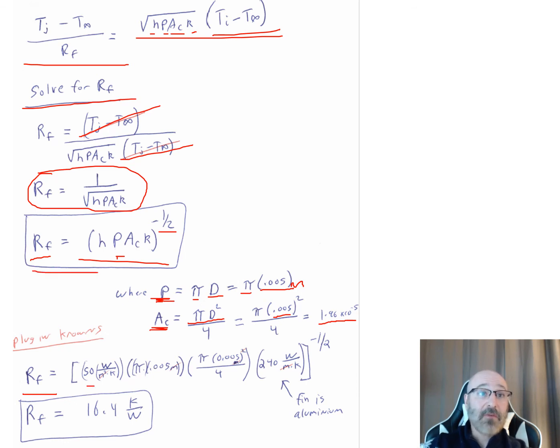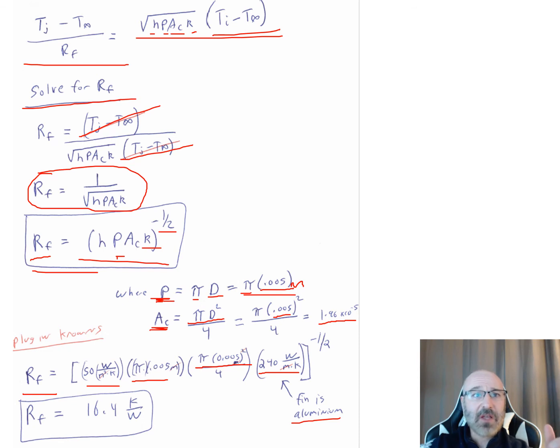So I have an h value of 50 in units of watts per meter squared times Kelvin. Then I have my P value, which is pi times 0.005 meters. Then I have my area of pi times 0.005 squared over 4. And then I have my k value for thermal conductivity for the aluminum fin, which is 240 watts per meter times Kelvin. Notice I haven't simplified anything down because some things cancel out.